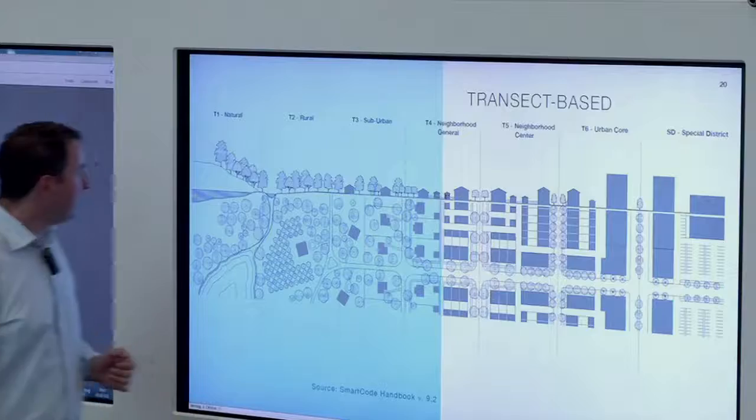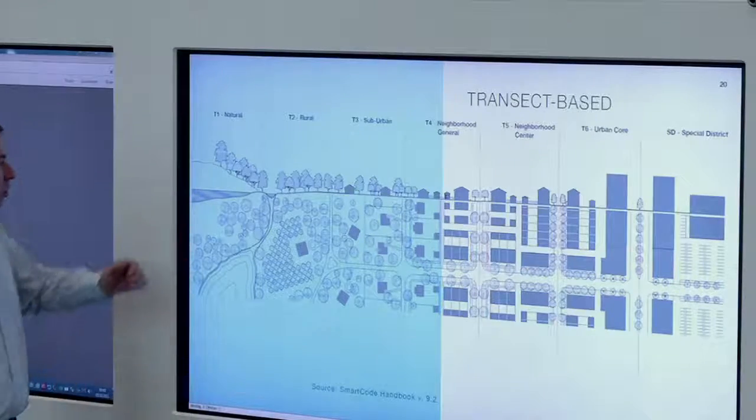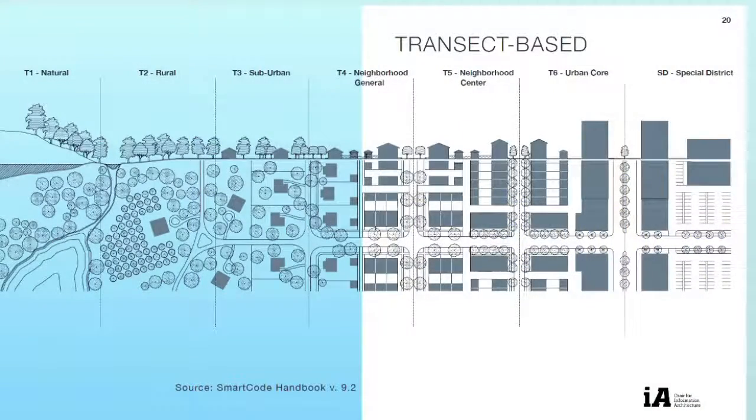So they are typical, as I already introduced: there is very rural, natural zoning where almost no human influence is there. Then there is rural, where you have some farming houses and some fields and agricultural use.